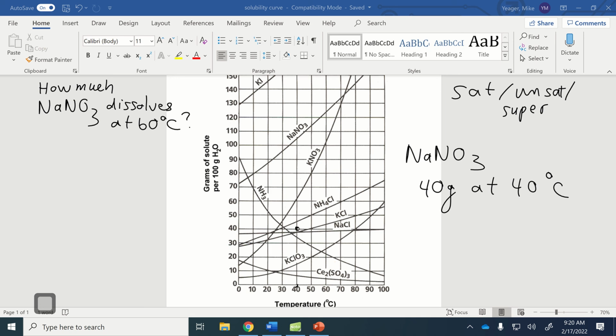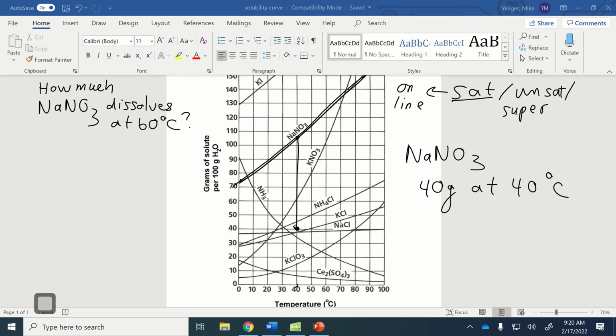I'm only right here. Where's the line for NaNO3? It's up here. The line represents the saturation point. So if I ended up on the line, or very, very close to the line, and again, don't be like you have to hold it up to your face and get really close to look. If it basically looks like it's on the line, it's on the line, okay? That would mean it's saturated.